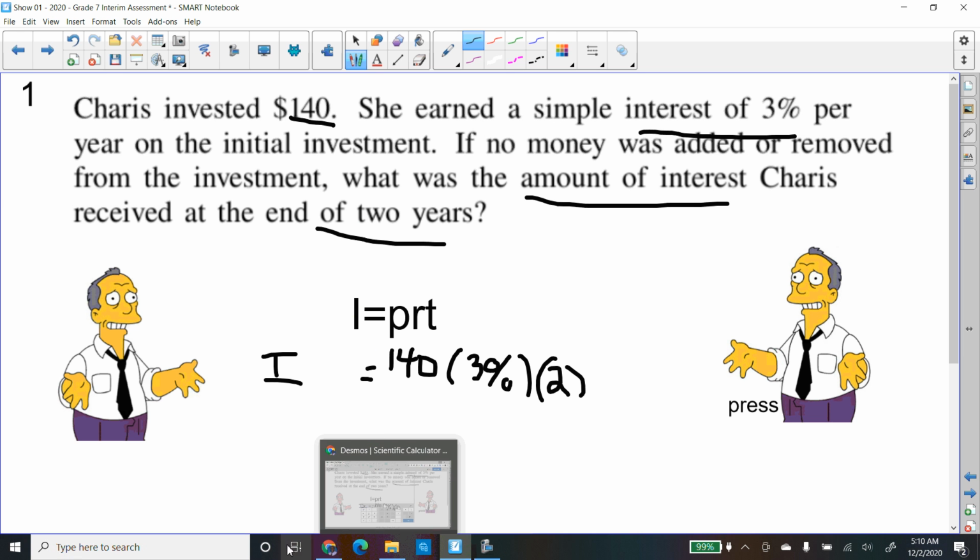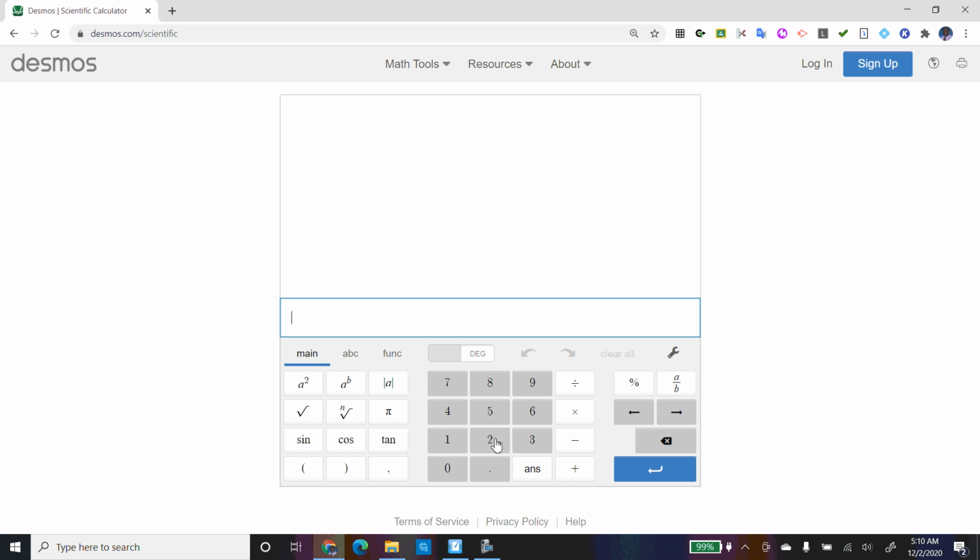So let me go to my calculator, type 140 times 3%, and notice "of" is there, 3% of means multiply, and I'll put 2 because I have to multiply all of these numbers, and I'm going to get my answer of 8.4.